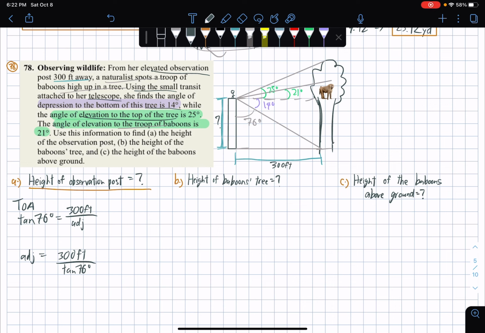Otherwise, you might get a different answer. So for adjacent, it's 74.79, rounded off, let's say 74.8. 74.8 feet. That's the height of the observation post.